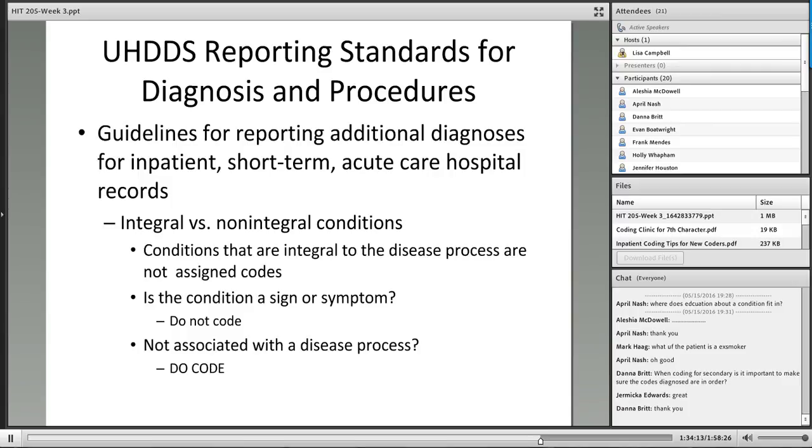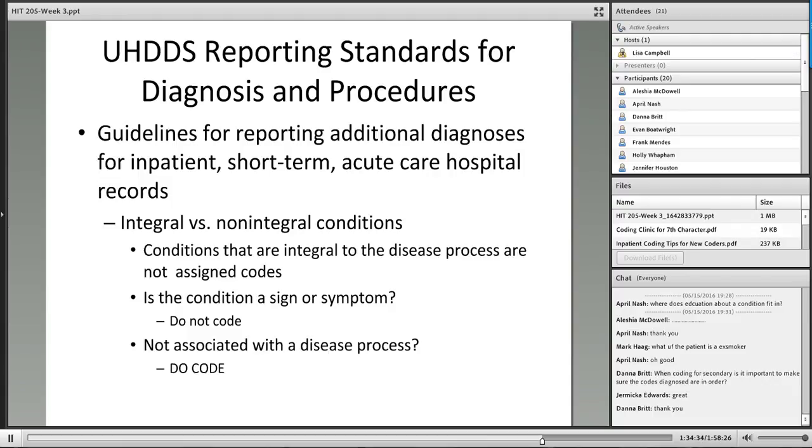Okay, integral versus non-integral conditions. This is something that's often very, very tricky. You guys had that class called, I don't know the number, but it's like Bio 260, Bio 275, one of those classes.